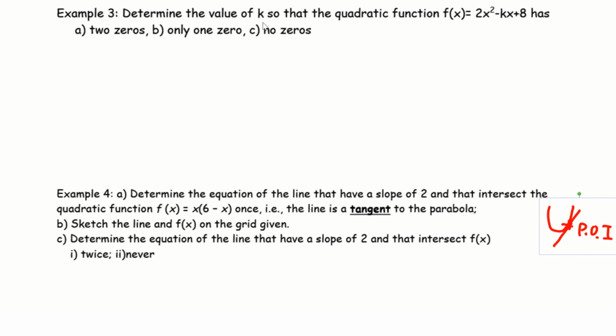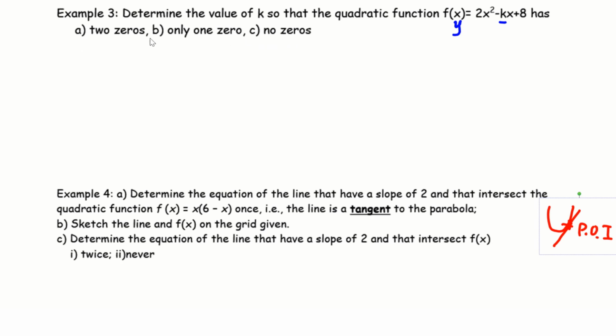So determine the value of k. We have a k value in this quadratic function. This is function notation. f of x is interchangeable with y. It has 2 zeros, only 1 zero, and no zeros.